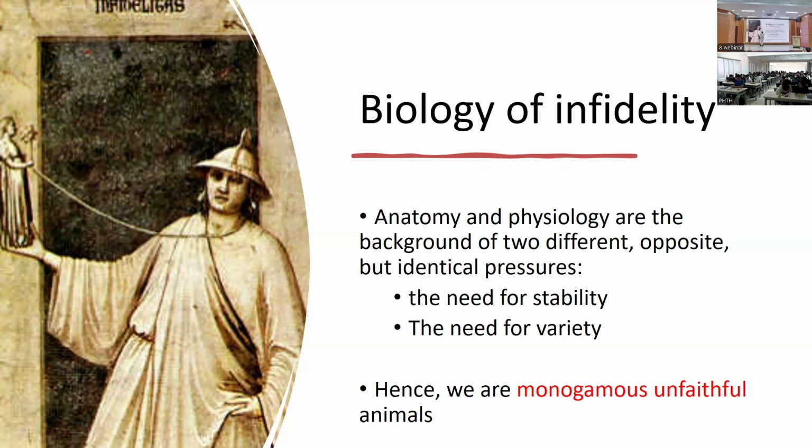But those pressures are identical. That's the reason why I called our species the unique species, monogamous, unfaithful. Because we cannot be classified between the monogamous species, like some birds, like the prairie vole. We cannot be classified as unfaithful species like the bonobo, like the chimpanzee. We are the unique one which is monogamous, unfaithful.